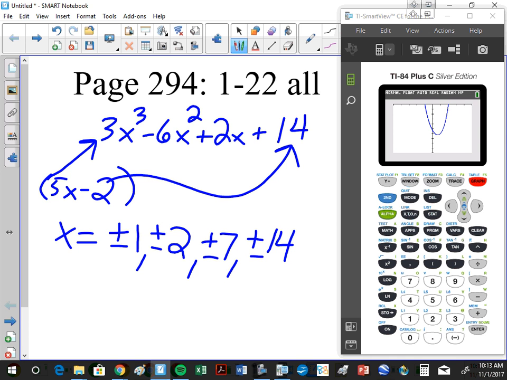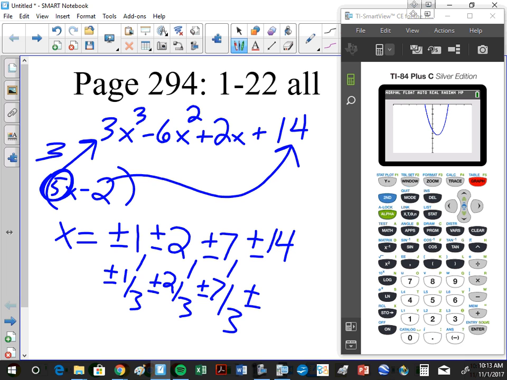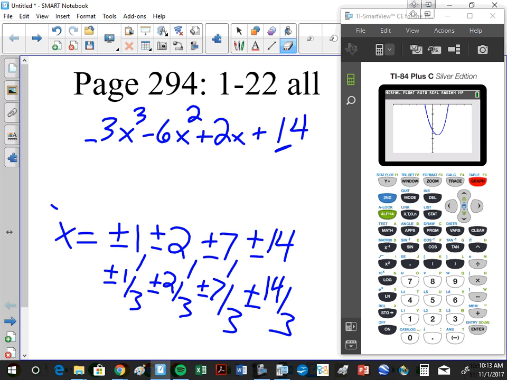Does everybody understand that? Now, it is possible for this number to be a 3, which would divide all of our possible roots by 3. So plus or minus 1/3, plus or minus 2/3, 14/3.